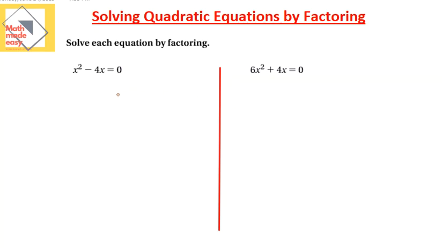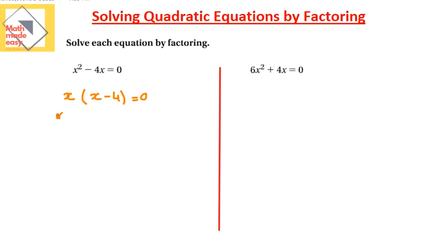In these two examples, we will solve by taking the greatest common factor. I have x squared minus 4x equal to 0. I can definitely take x as a common factor. When you do that, you will have left x minus 4, and that's equal to 0. Now, if you multiply two quantities and get 0, one of them has to be 0, or both of them have to be 0.